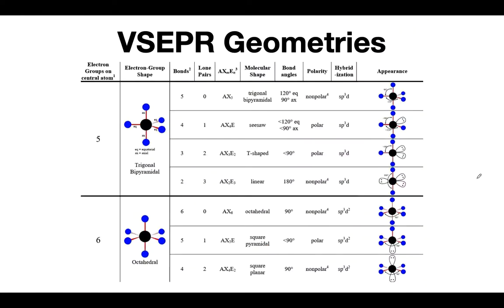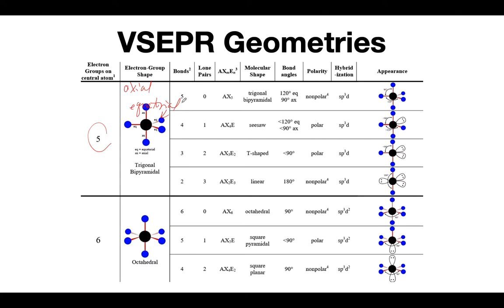Let's move on to even higher structures like this one. It's an electron group shape of 5. So with the 5 you will have this one. Notice that this will be equatorial, this is the axial, and equatorial. So here you have 4 scenarios.